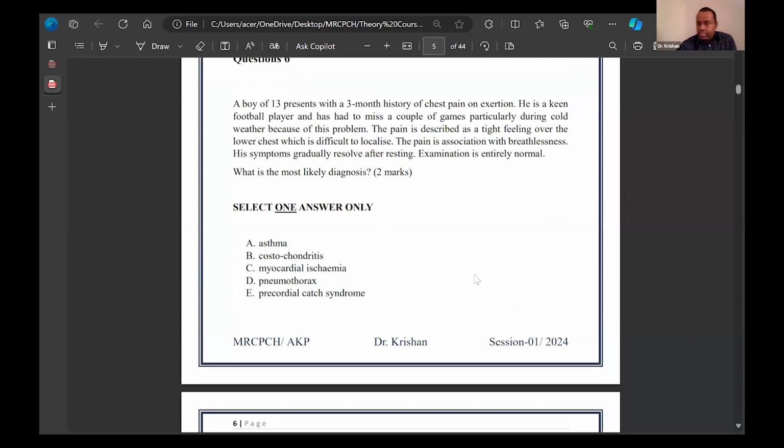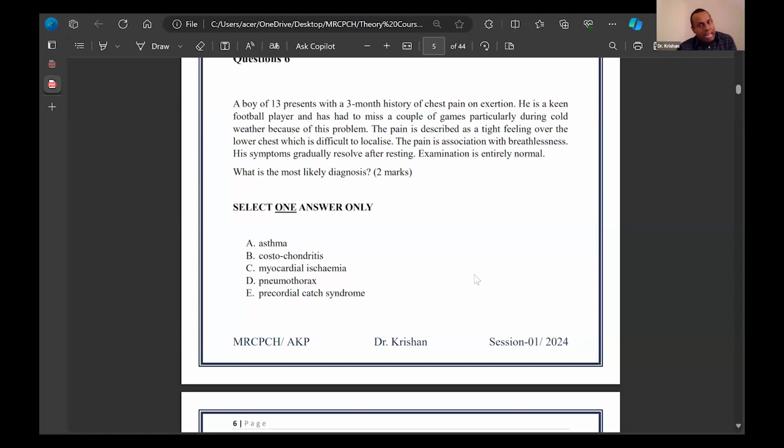Right. This question: a 13-year-old child presented with a 3 month history of chest pain on exertion. He is a keen football player and has had to miss a couple of games, particularly during cold weather, because of this problem. So, chest pain while exertion.